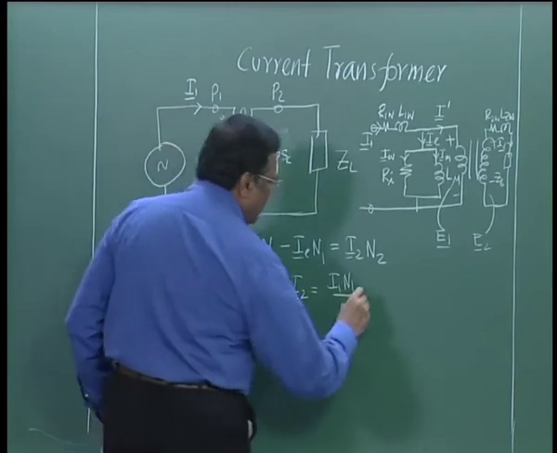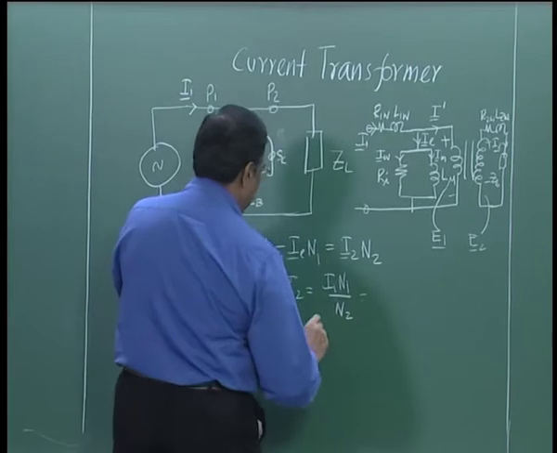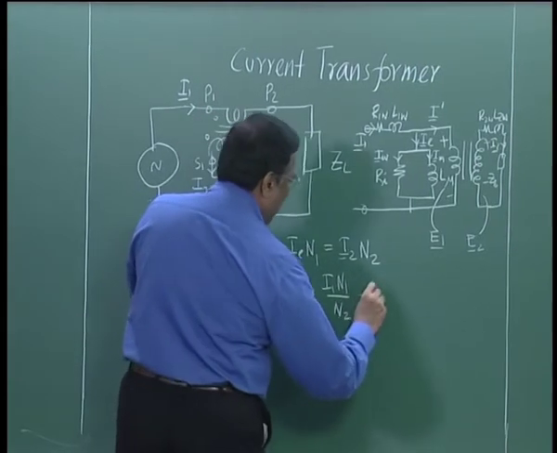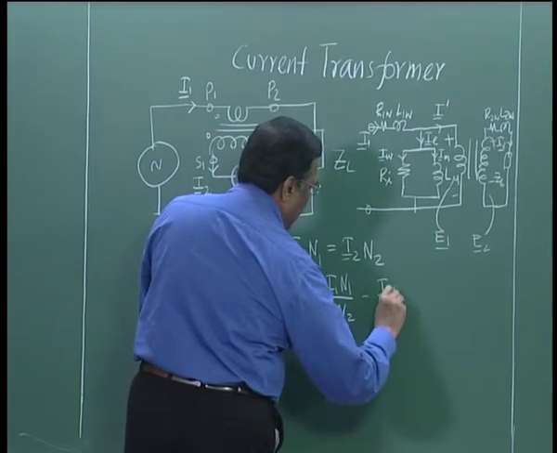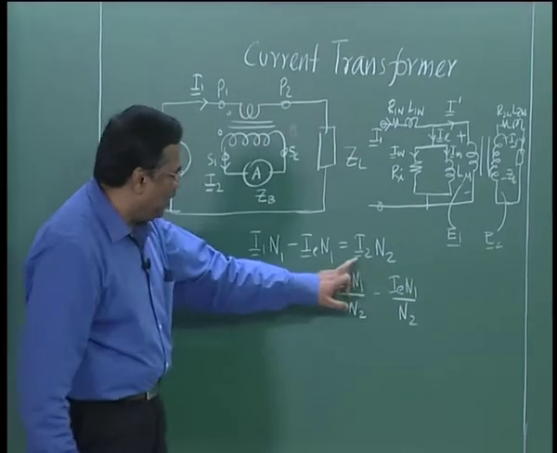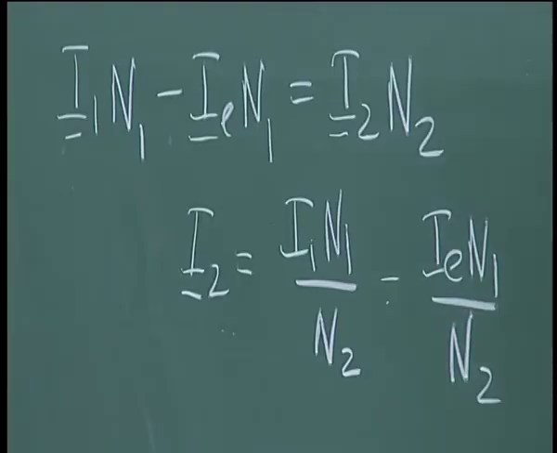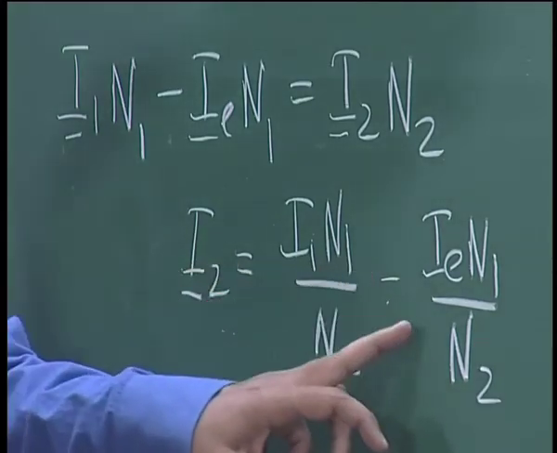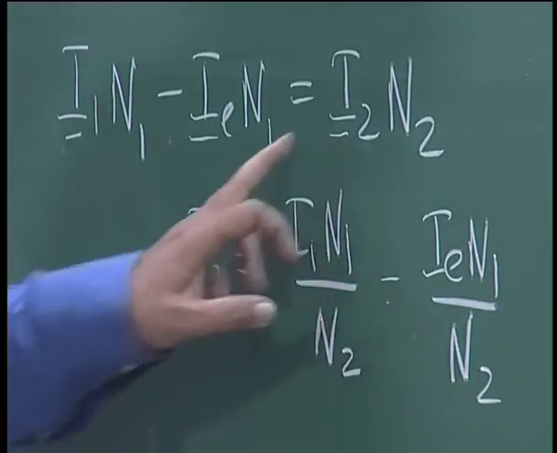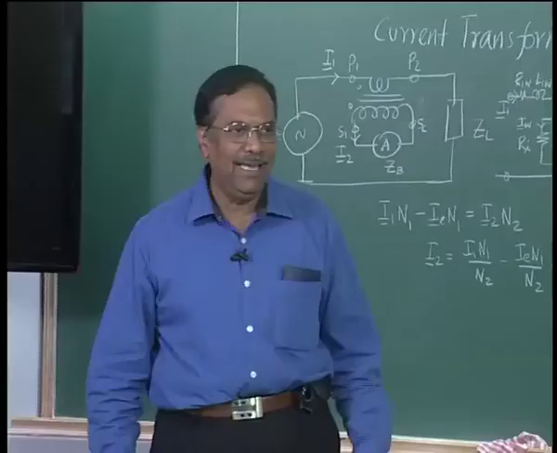right, minus IE N1 by N2. For an ideal current transformer, I2 should be I1 N1 by N2, but for a practical current transformer, the value is going to be less than what is expected, and the quantum that it is going to be less is IE N1 by N2.